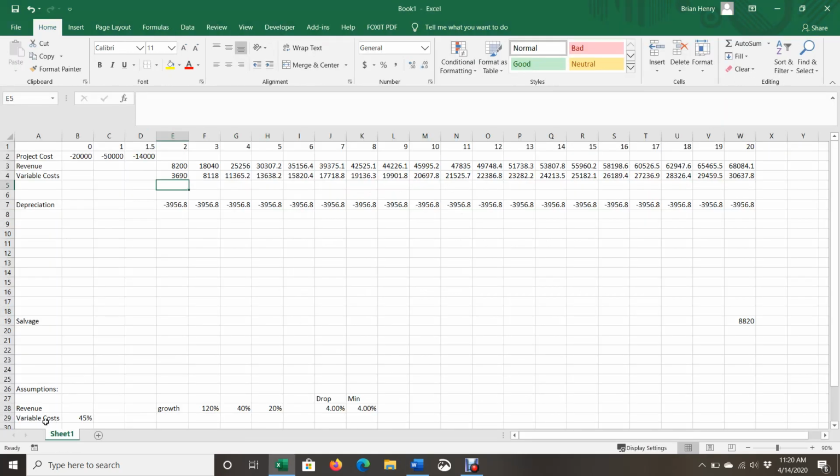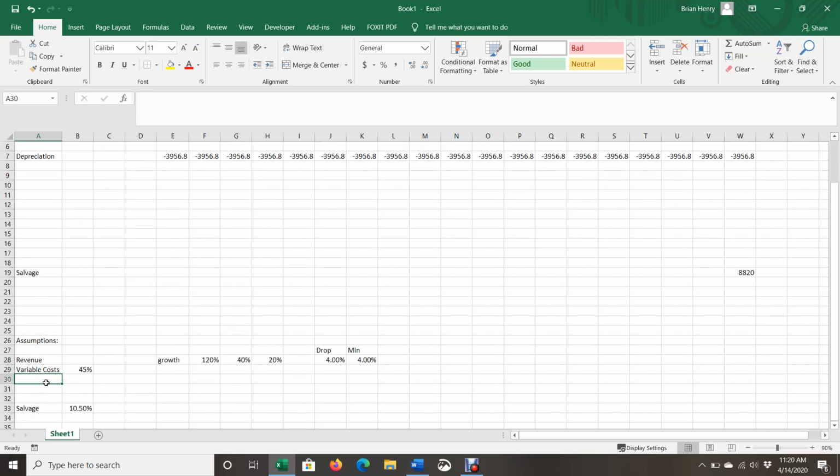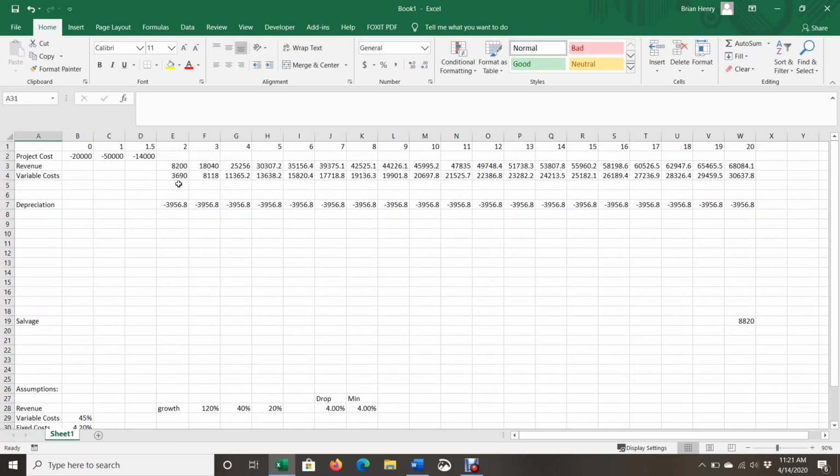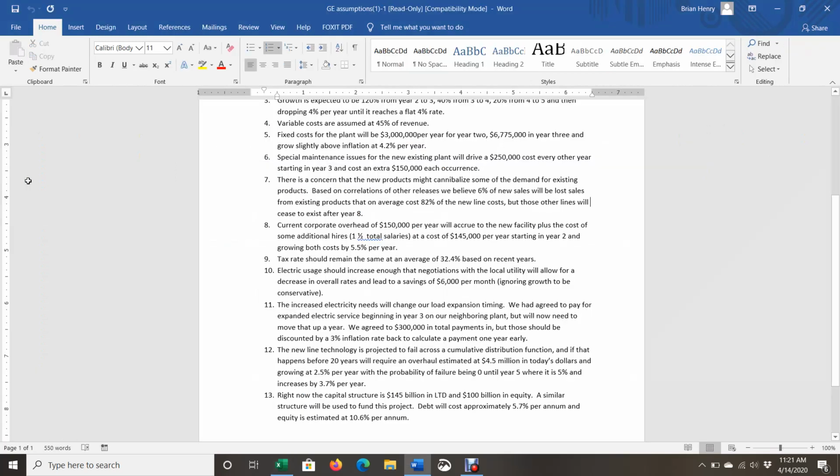So I'm going to come down here and do fixed costs. So there's going to be 4.2% is the growth rate on that. And then first year is 3 million. Second year is 6,775.